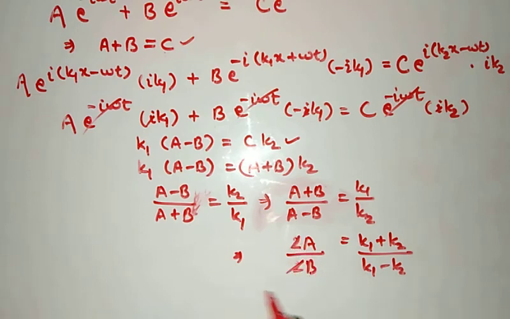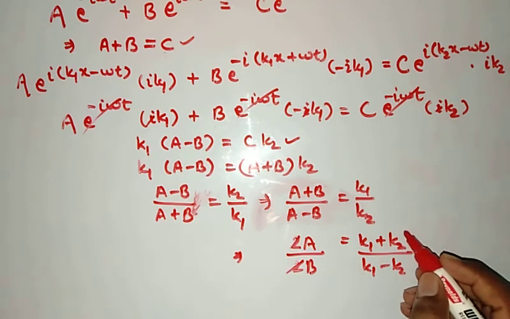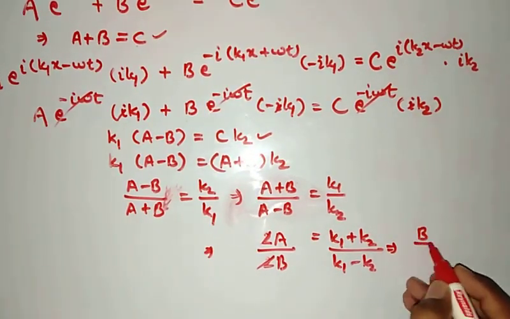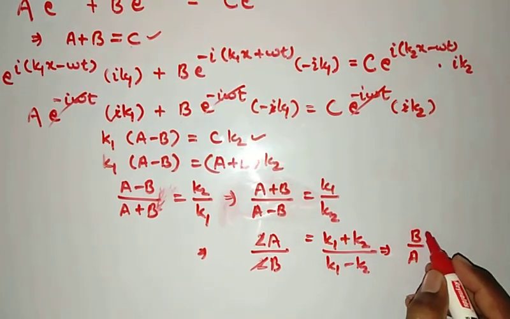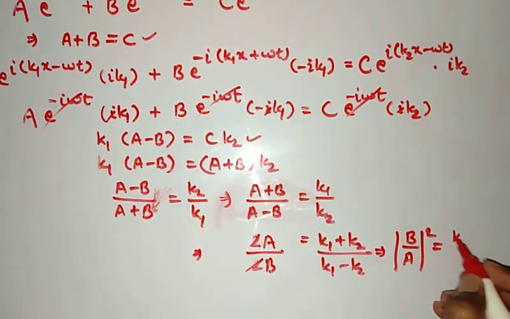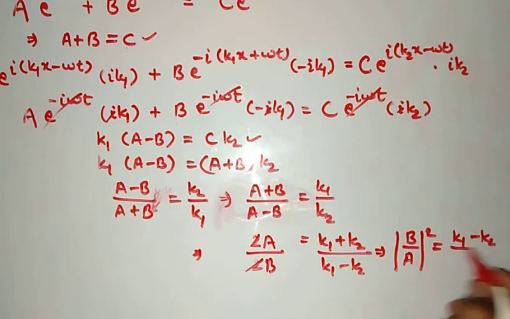The 2 cancels out. Find out from here B by A, squared, take mod square. This will be (k1 minus k2) upon (k1 plus k2), squared.